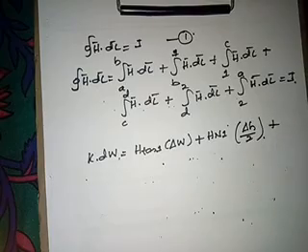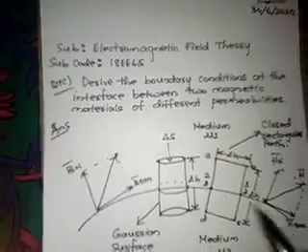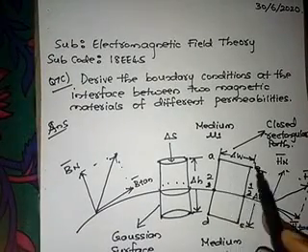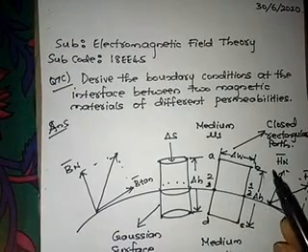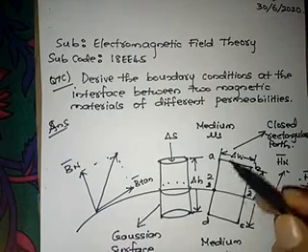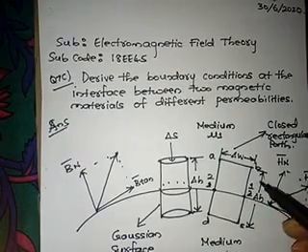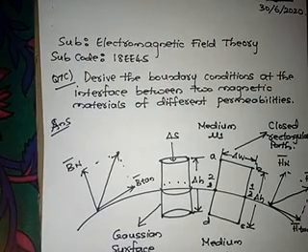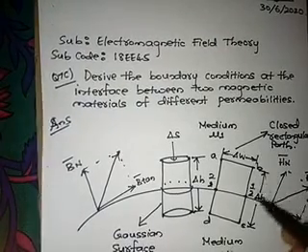So H tan 1, the tangential component of the first medium, into delta w, plus Hn1 of the first medium into delta h by 2, that is the height delta h by 2. Okay, delta h by 2, that is B to 1.